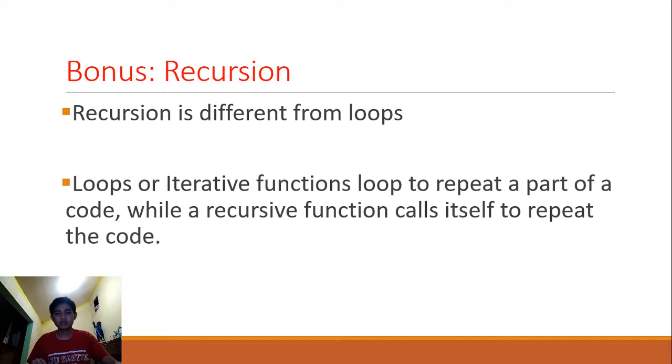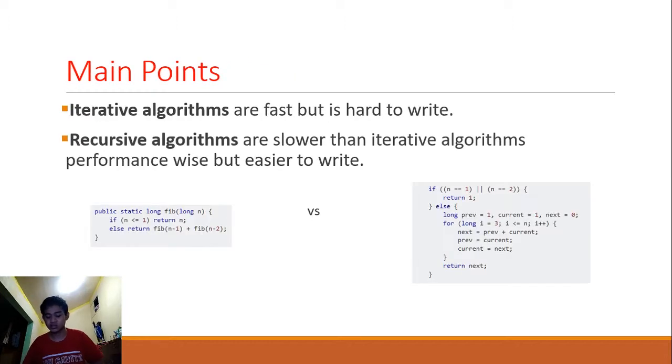Now we're going to look at the advantage of using a loop or iterative function and the advantage of using a recursive function. Main points: iterative algorithms are fast but harder to write, while recursive algorithms are slower than iterative algorithms performance-wise, but easier to write. I have two codes here, one on the left side and one on the right side.